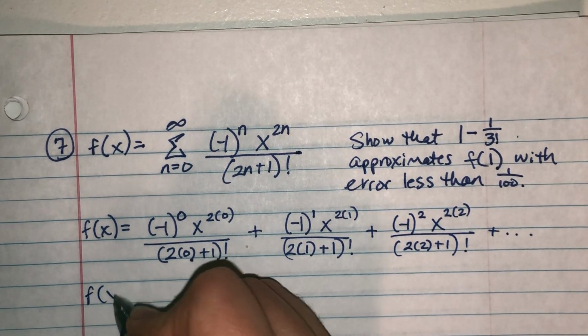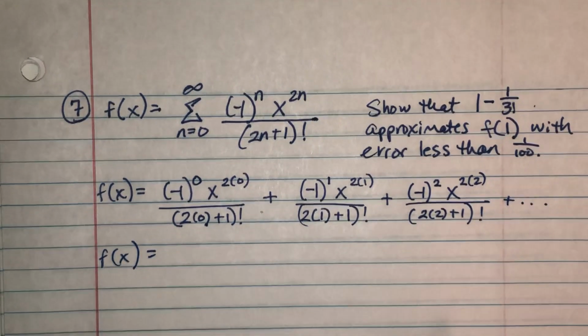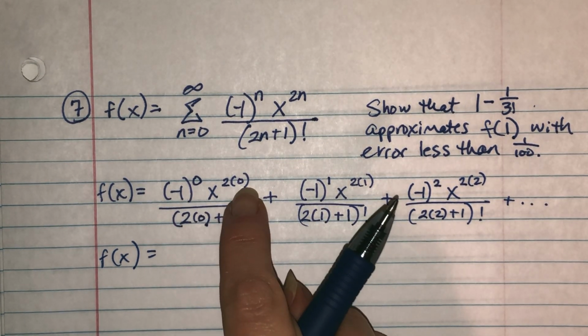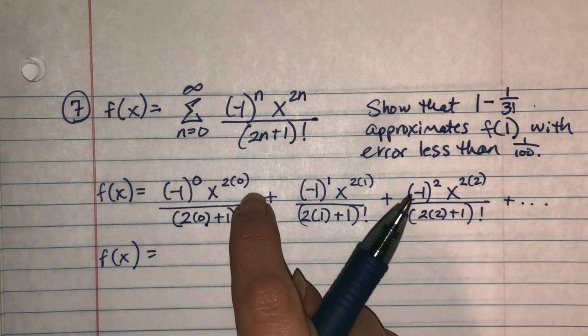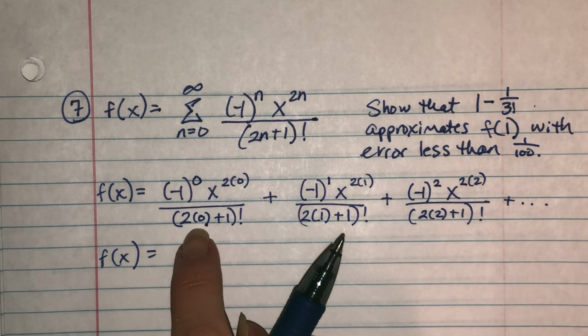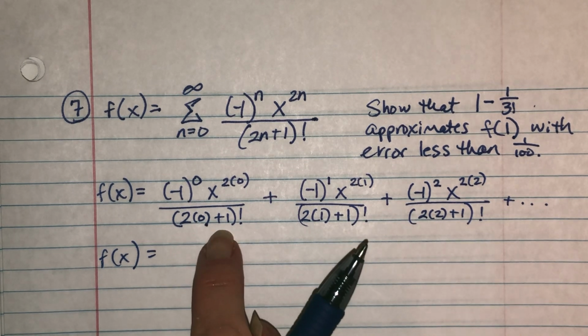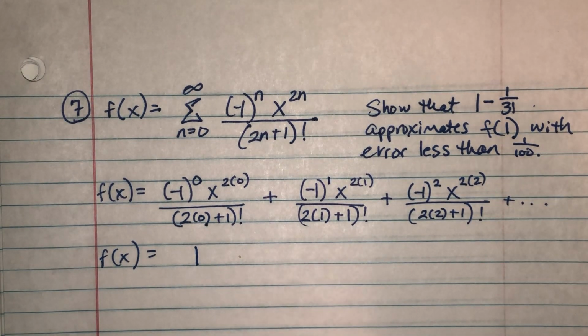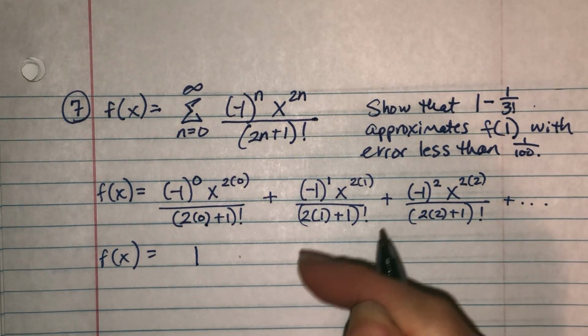So f of x will equal, let's see, this is going to be positive. Anything to the 0 power is 1, so the numerator is just positive 1. And then the denominator here is 0 plus 1, which is 1 factorial, so that's just 1. The first term is 1. Now let's look at the next term.